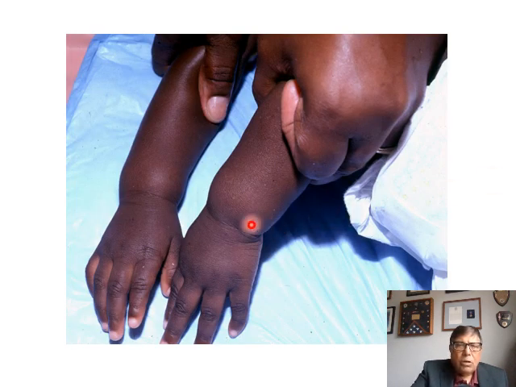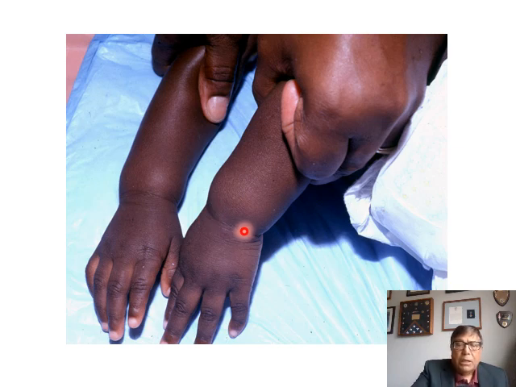This is one I wanted to show. This is called Madelung deformity: overgrowth of the radius and ulna resulting in an angulation, and as you can see, suddenly there is a deep depression or angulation. This is called Madelung deformity.